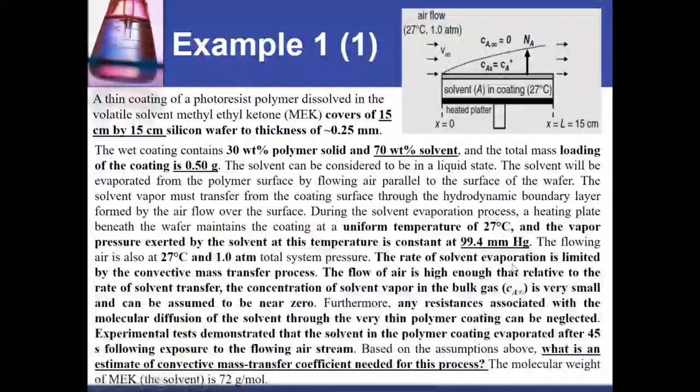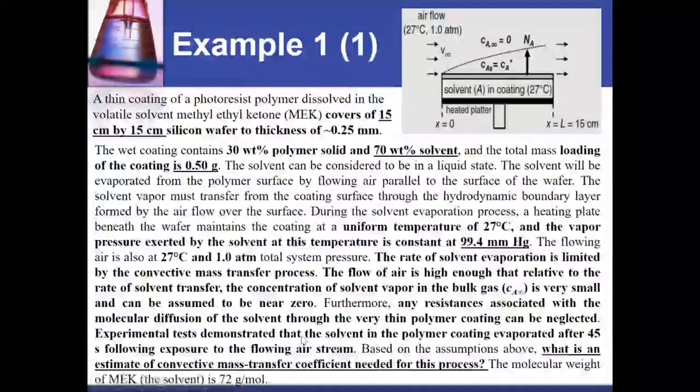We also assume that this is dominated by convection, and based on what we discussed in chapter 25, we have two resistances, the resistance here and the resistance in the solid. The resistance in the solid, based on this assumption, is negligible, so the resistance lies just in the boundary layer.